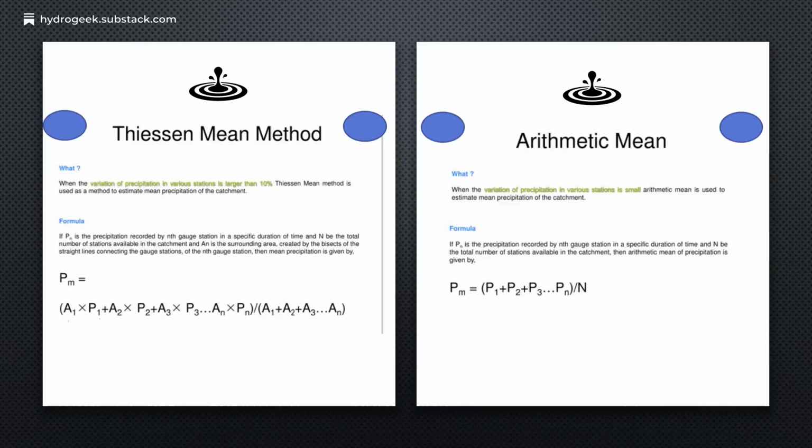If there are n number of rain gauge stations in that watershed, then you go up to An into Pn, divided by the summation of the area surrounded by the polygons. A1 means the area which surrounds the rain gauge station 1, A2 means the area which surrounds the rain gauge station 2, A3 means the area which surrounds the rain gauge station 3, and so up to An.